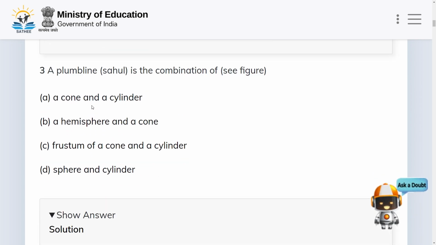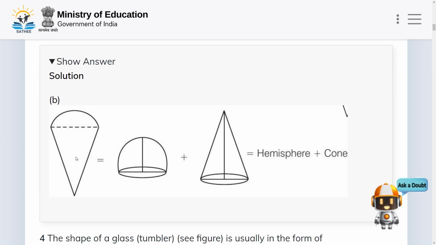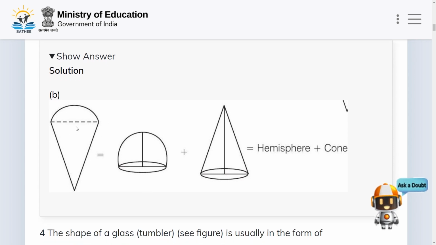A plumb line looks like this, and now if we divide this shape into two parts, you will get one hemisphere and a cone. So you can write this shape as a hemisphere plus a cone.